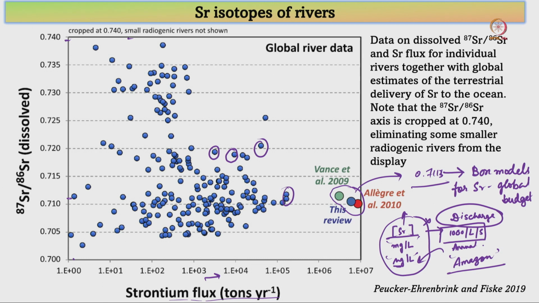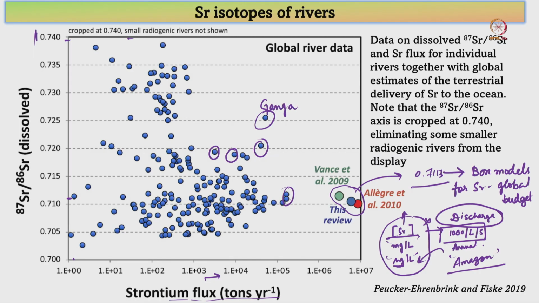So, when we have to give evidence for why the global ocean is moving towards a more radiogenic contribution, then we have to look for rivers which have more radiogenic signatures. And in this regard, we have two particular rivers that have high discharge as well as more radiogenic signature, and this particular river is no other than our Ganga river.